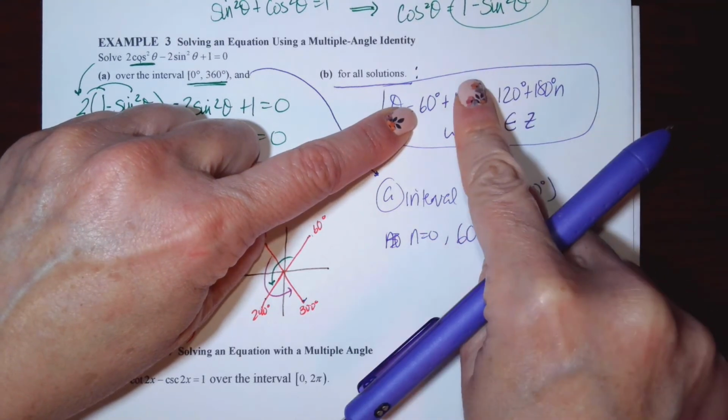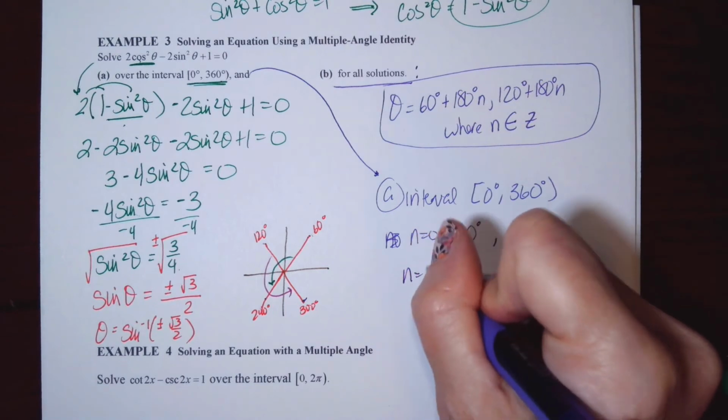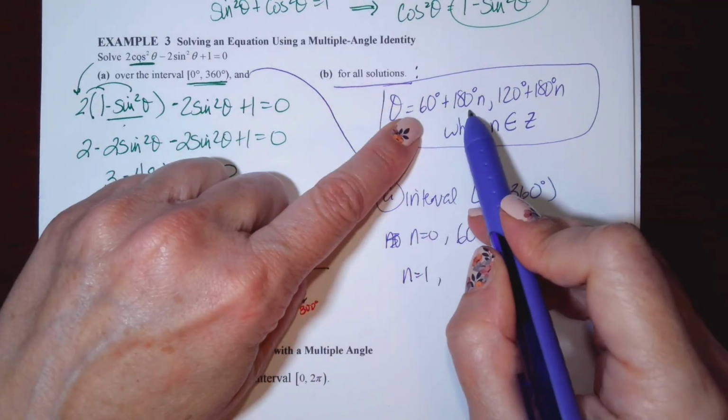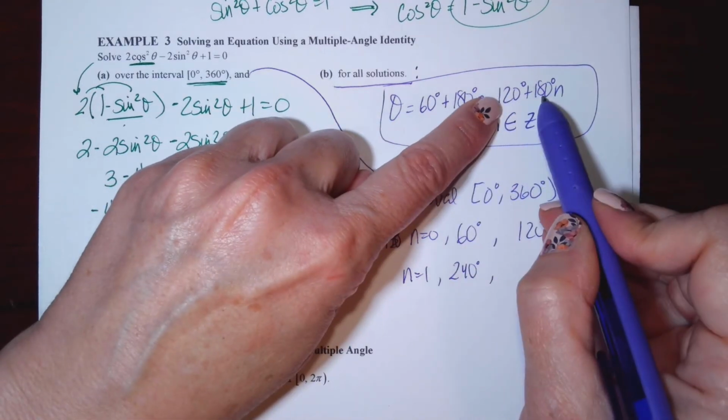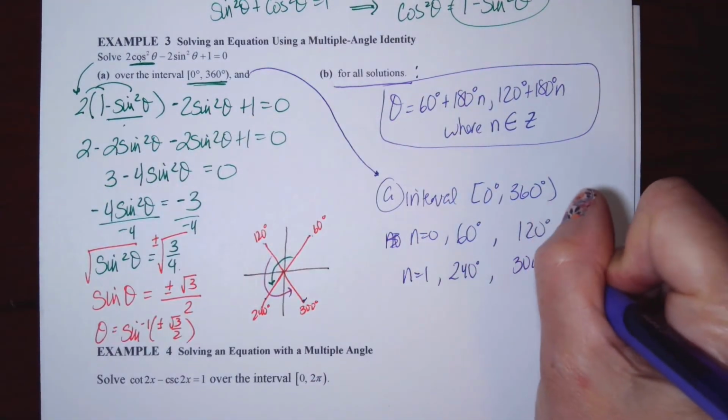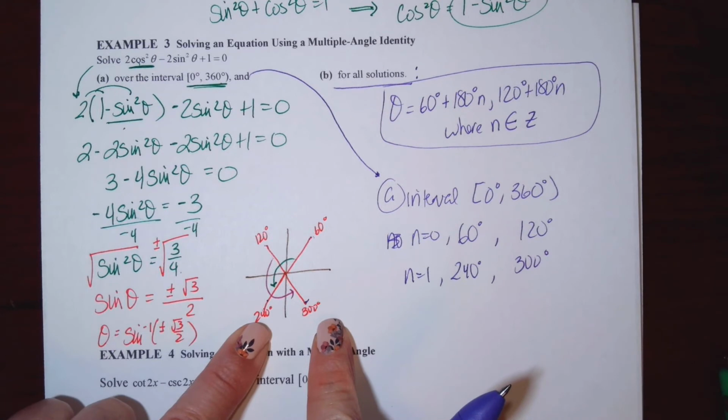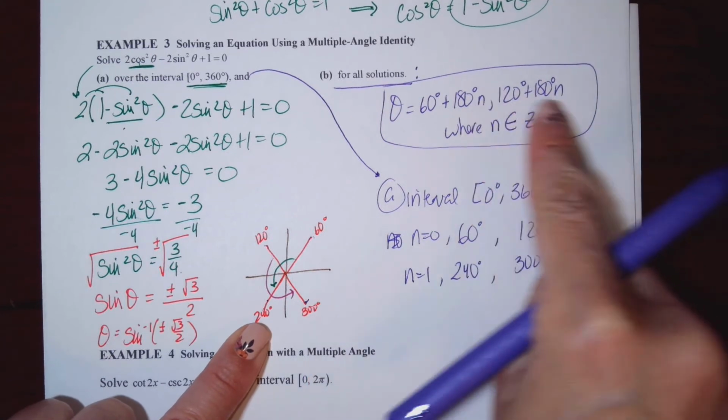Right there. 60 and 120. If n equals 1, 60 plus 180 gets me to 240, and 120 plus 180 gets me to 300. That gets me those two because of the way I wrote my statement.